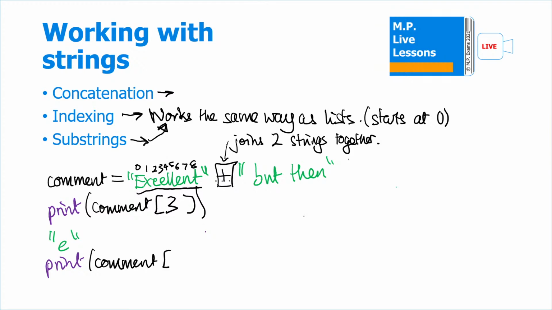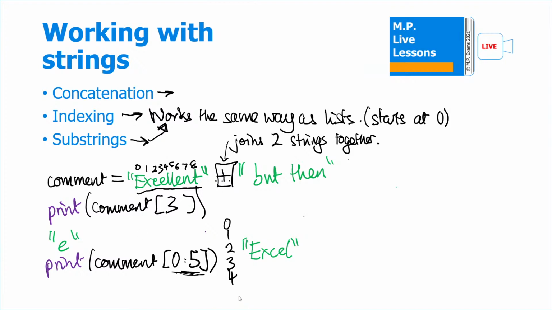We could start at the index 0 and we put a colon, and then the index we finish just before, so 1 after the last one we want, and we'll end just before 5. This will print out indexes 0, 1, 2, 3, and 4. So overall, you'll get printed out E, X, C, E, L. Those 5 characters there. So this is kind of like a range of which indexes to print out.